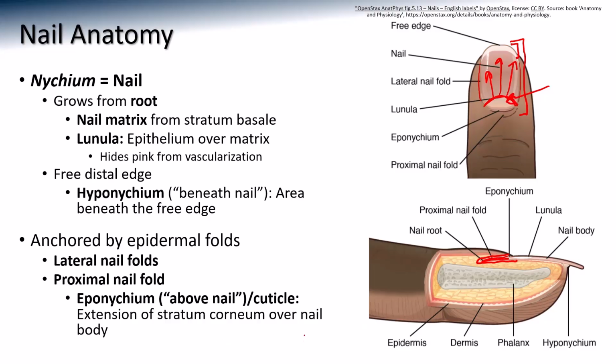If you've gone for a manicure, they usually take this and kind of shove it back down into your skin. So that is the eponychium, meaning over the nail. We also have the hyponychium, meaning under the nail. So eponychium is what's holding it down from on top. Hyponychium is this little piece of connection here that holds the nail against the tip of the finger.